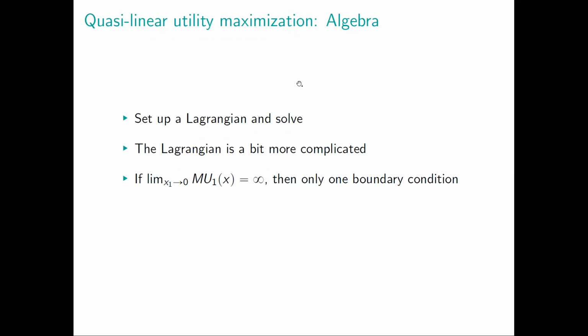Because if this is the case, then we know x1 star is strictly greater than 0. And then this will tell us that mu1 is equal to 0 in our Lagrangian, where I'll show you what this mu1 is going to be in just a little bit.